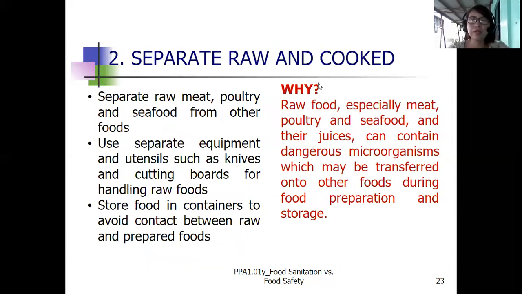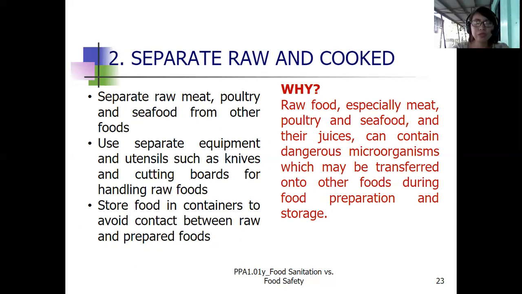So next is separate raw and cooked. So why should we separate raw and cooked foods? Separate raw meat, poultry, and seafood from other foods. Use separate equipment and utensils such as knives and cutting boards for handling raw foods.